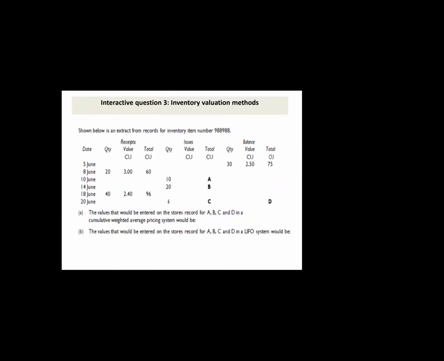Shown below is an extract from records for inventory item number 988988. Here, 5 June, we have a value of inventory: 30 quantity at the rate of 2.50, total 75. 8 June, we received 20 units at the rate of Taka 3, that is 60. 10 June, we issued 10. 14 June, we issued 20. 18 June, we received 40 at the rate of 2.40, is 96.